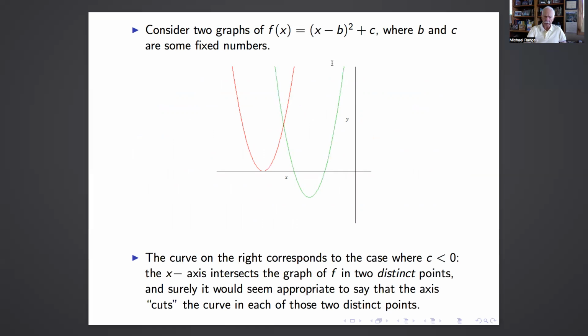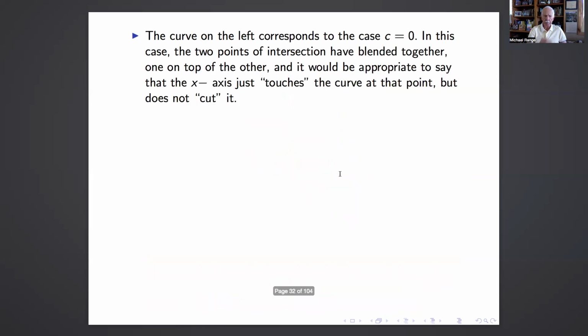So the first part here is always greater than or equal to 0, but with c being negative, some of the values will turn out to be below the x-axis, that is, negative. Now, the x-axis intersects the graph of f in two distinct points, and surely it would be appropriate to say that the axis cuts the curve in each of these 2 points.